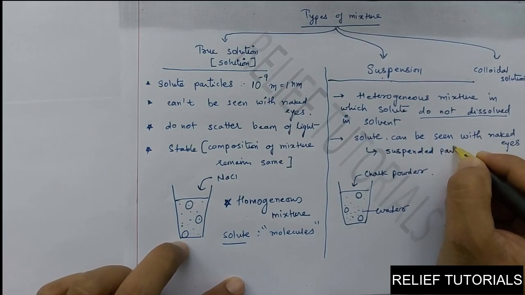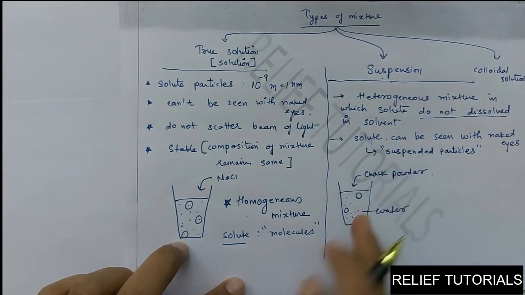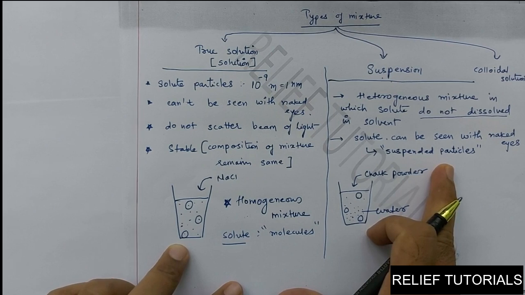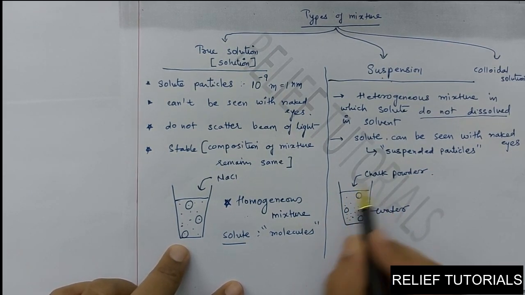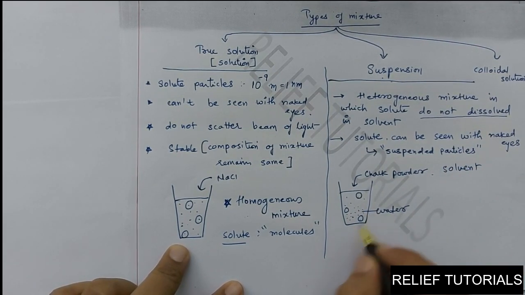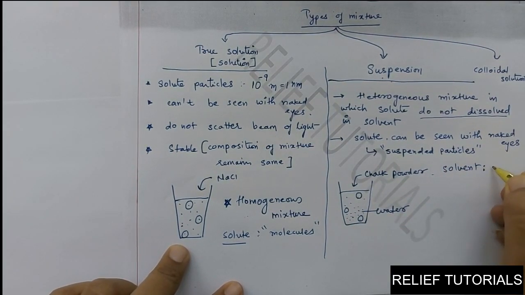See, suspended actually means undissolved. So the name of the solute particle here is called as suspended particles. Okay, and the solvent which is used here is named as suspension medium.